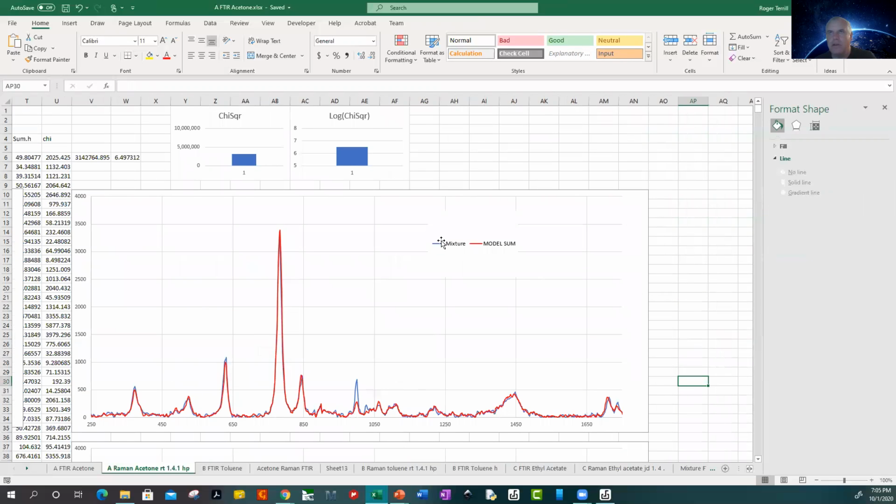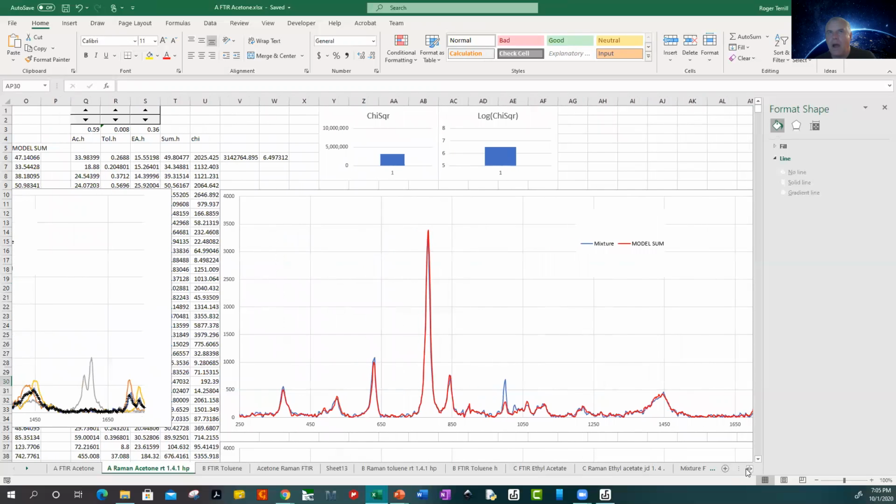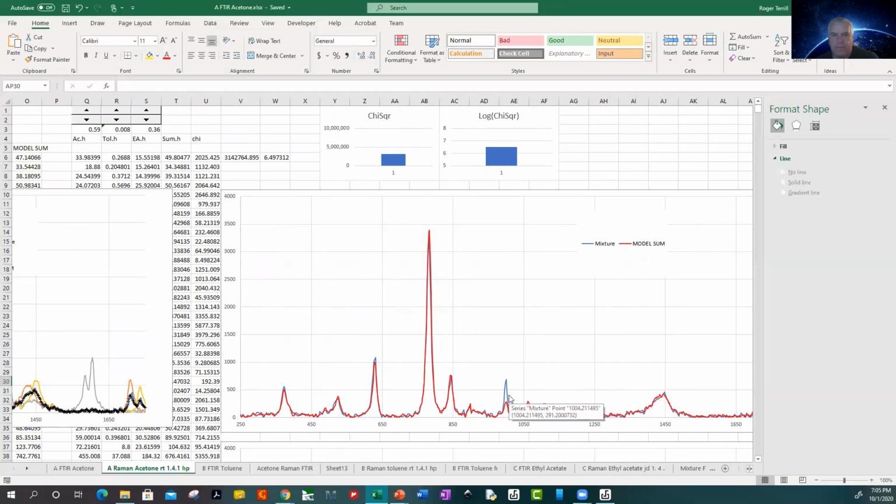So here it is. Here's what we can do. I created some spin bars, and the blue line in this spectrum is the mixture, right? And the red line is a model sum, which is equal to 0.59 times the acetone spectrum plus 0.008 times the toluene spectrum plus 0.36 times the ethyl acetate spectrum, right?